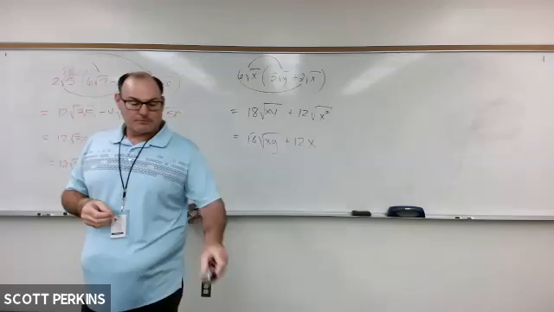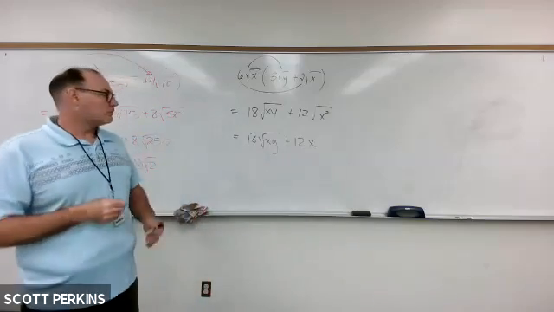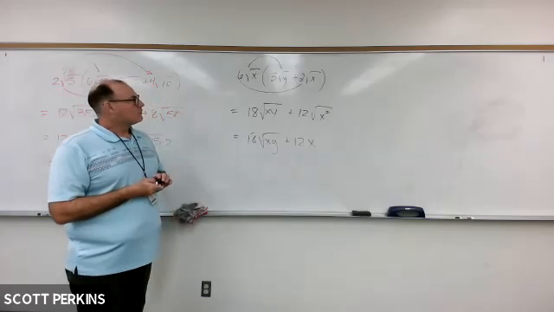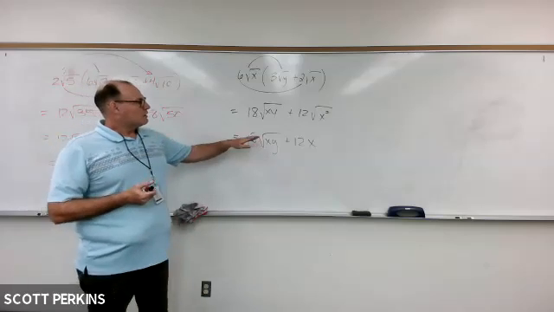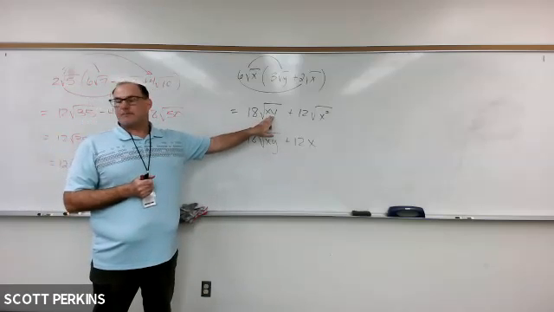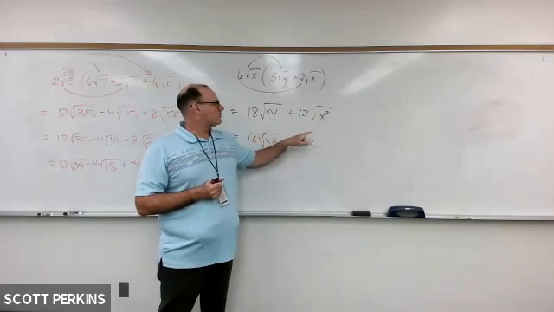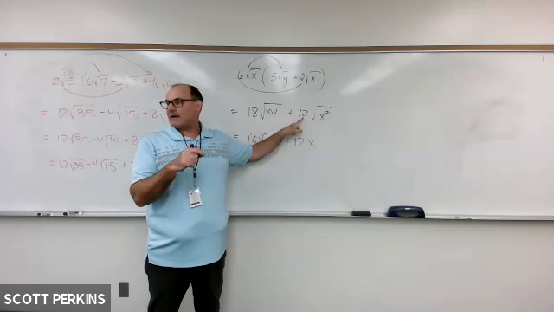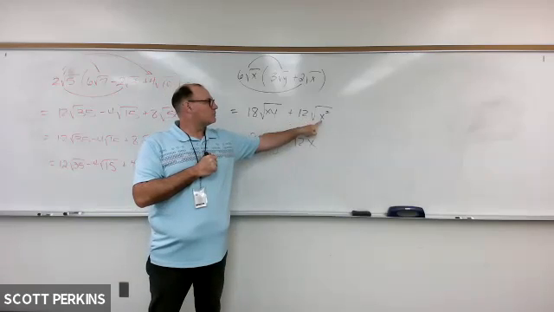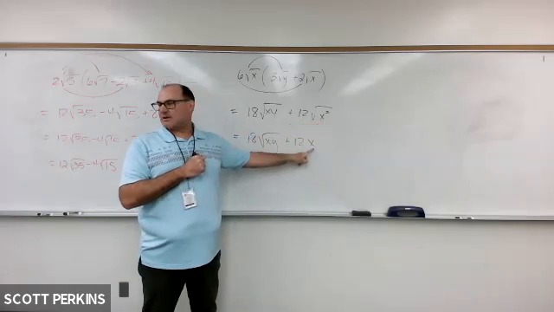Yes? Which other squared x? Neither of these are squared. 12 is not under the radical, so I don't need to factor that. Is that what you're saying? 4 times 3? And it's right there.